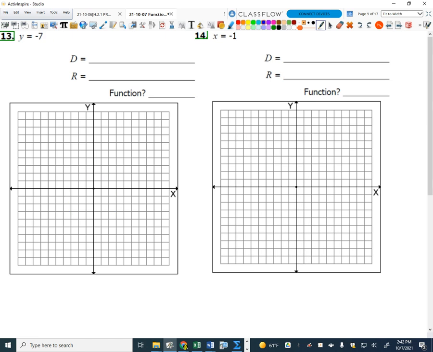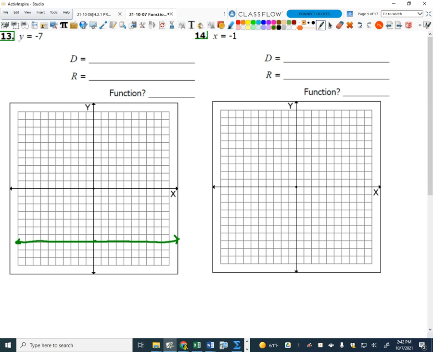Okay, what about this one, though? What about the line y equals -7? What kind of line is that? Straight horizontal line with a y value of -7. So 1, 2, 3, 4, 5, 6, 7. So right there. What's the domain of this one? Negative infinity to positive infinity.